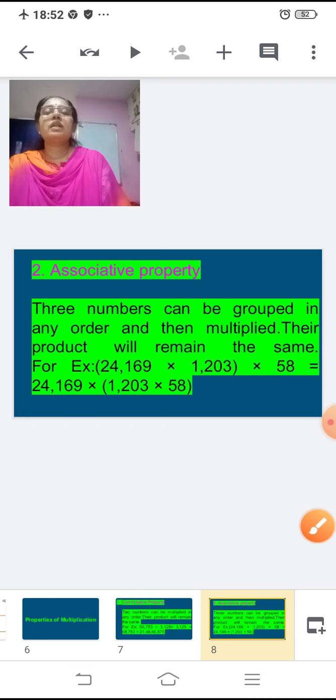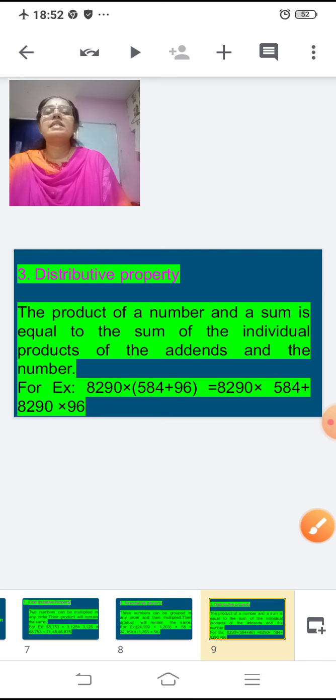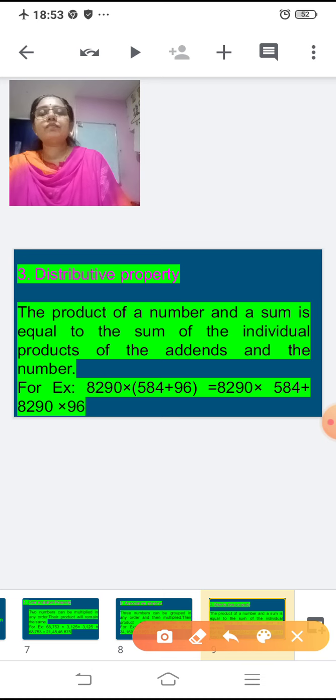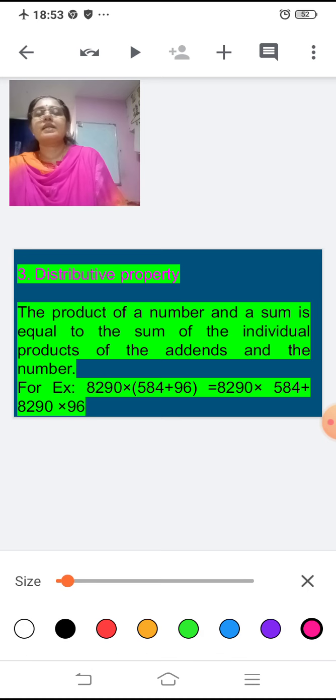Now coming to the third property, that is distributive property. Now what is distributive property? It is the product of a number and a sum is equal to the sum of the individual products of the addends and the number. Let me give you an example.